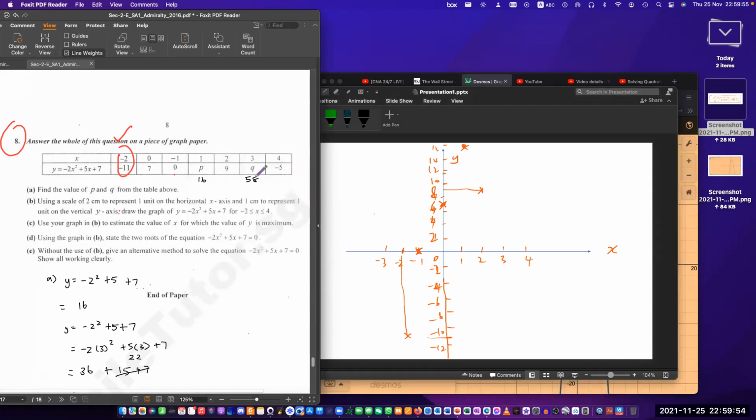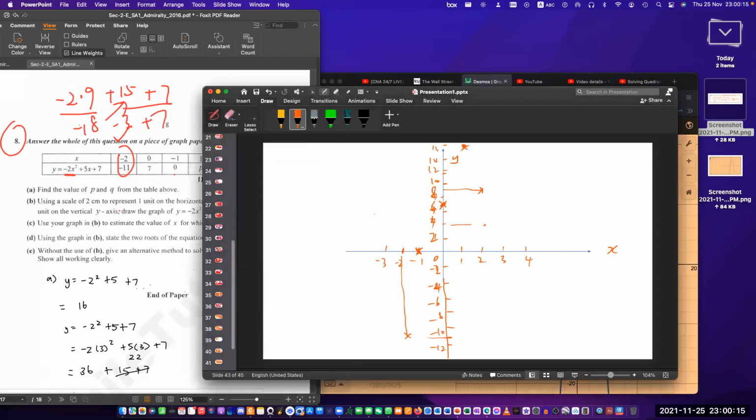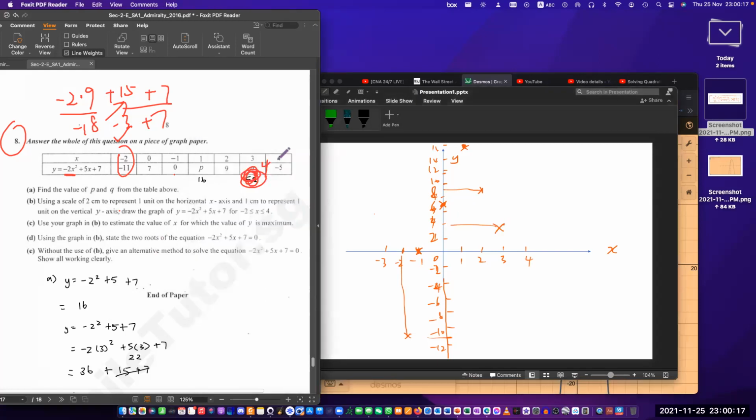I think one of your answers is wrong. Okay, so let's double check over here. This is -2 times 9. This is 15 plus 7. So this is -18. This is -3 plus 7. Should be 4. All right, so it's 3 and 4. Then this is 4 and -5.